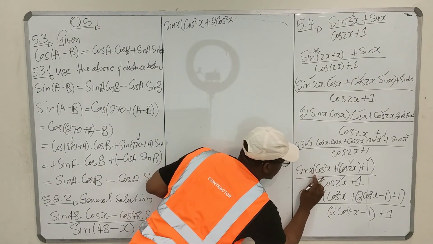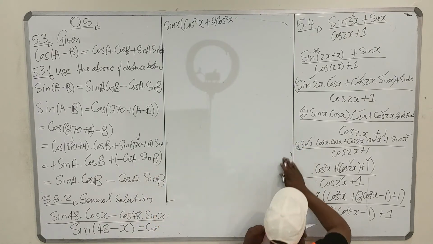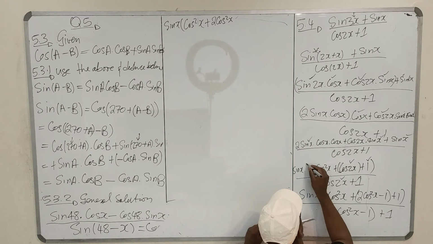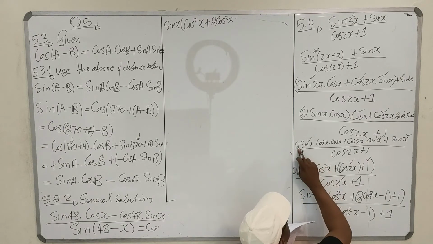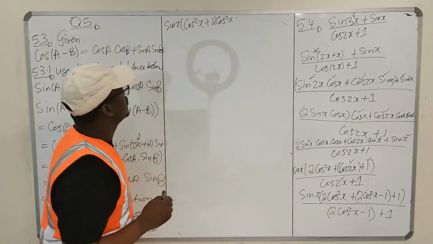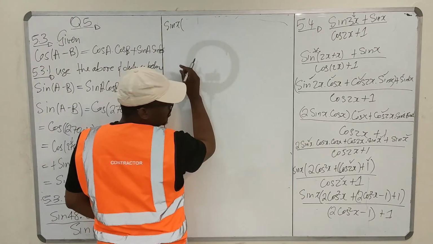So there should be a 2 here. Yes, so we're supposed to have a 2 sitting up front here.